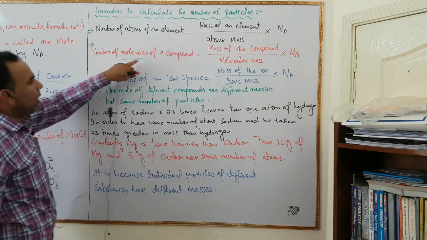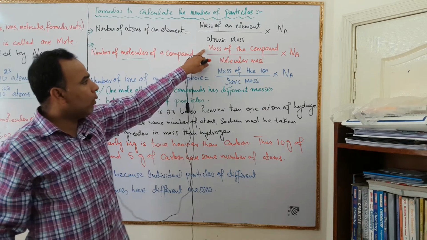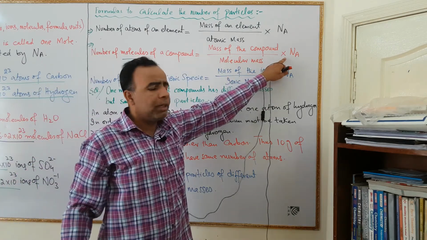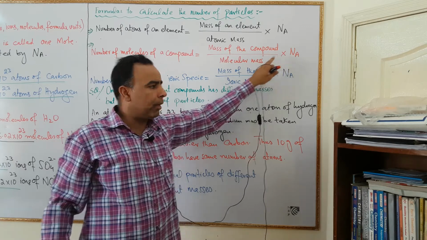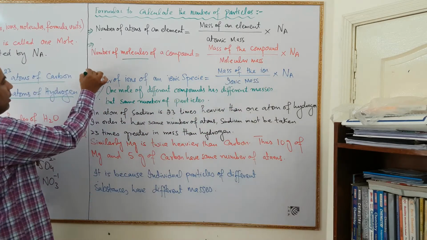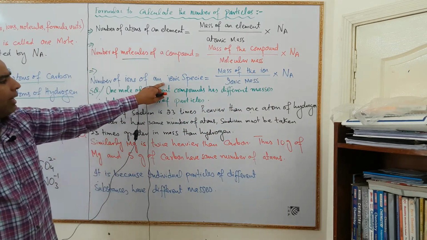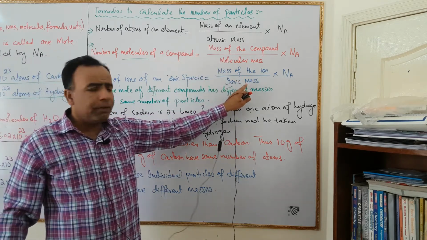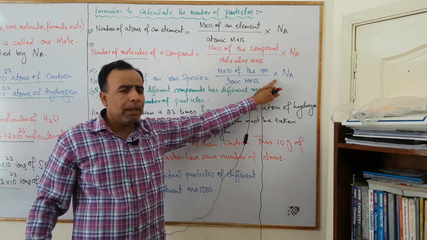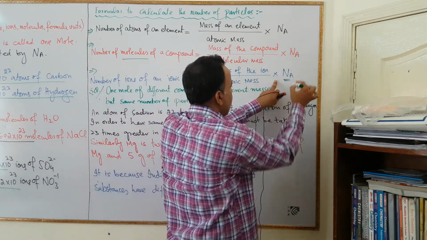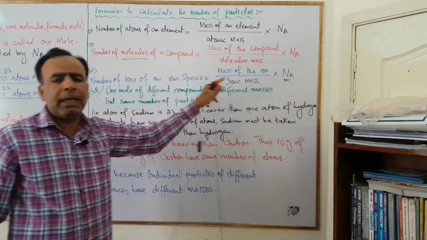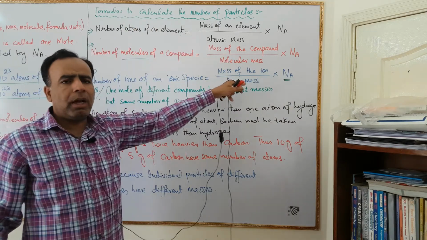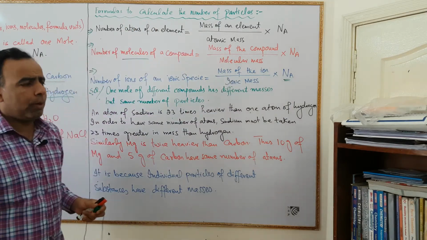Number of molecules of a compound is equal to mass of the compound divided by molecular mass multiplied by Avogadro's number. Number of ions of an ionic species will be equal to mass of the ion divided by ionic mass multiplied by Avogadro's number 6.02 × 10^23, and by putting the values we can solve any numerical problem.